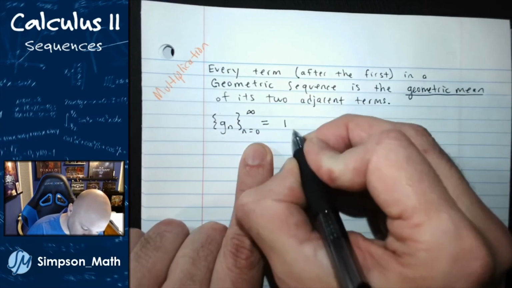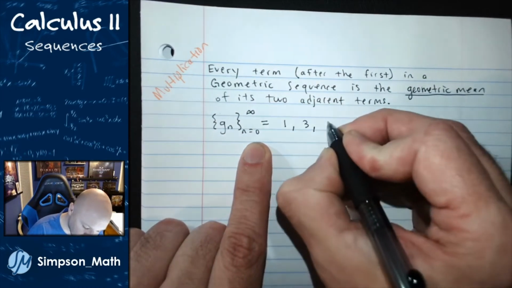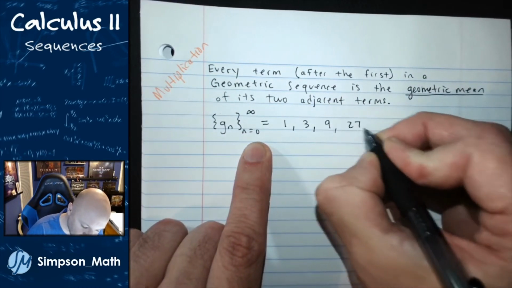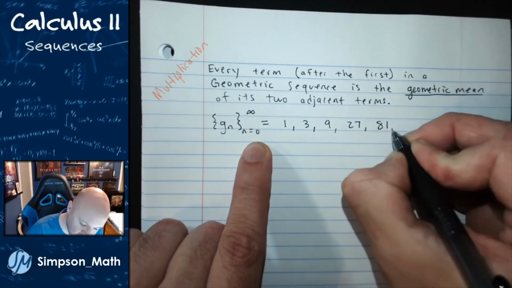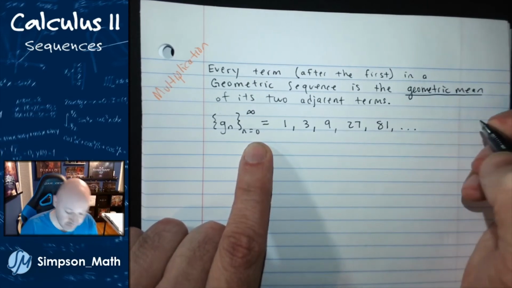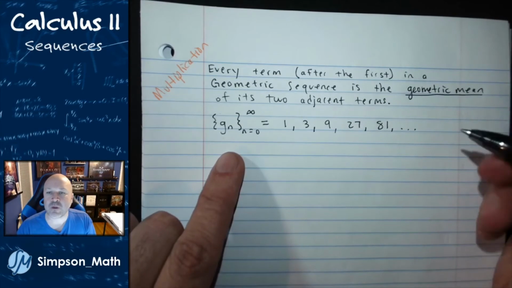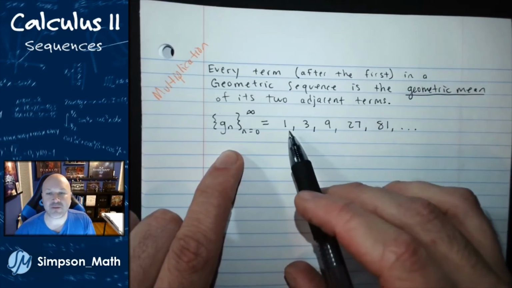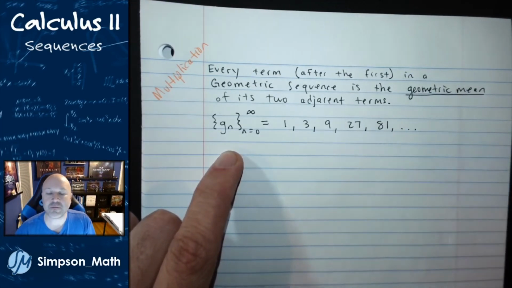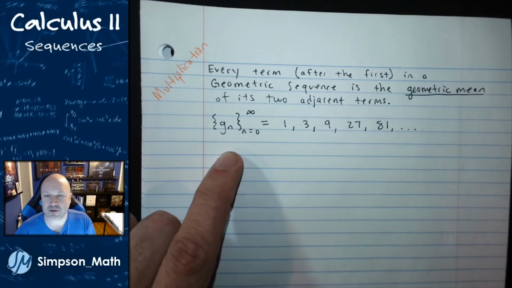This sequence starts at 1, 3, 9, I think you see the pattern, 27, 81, and so on. Notice every time I'm just multiplying by 3, times 3, times 3, times 3. So the recursive form is easy.